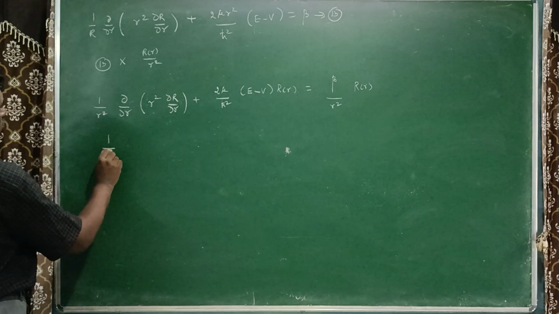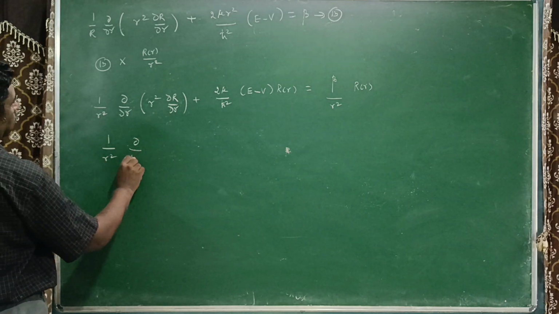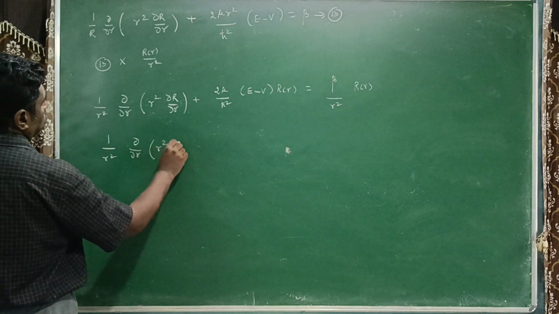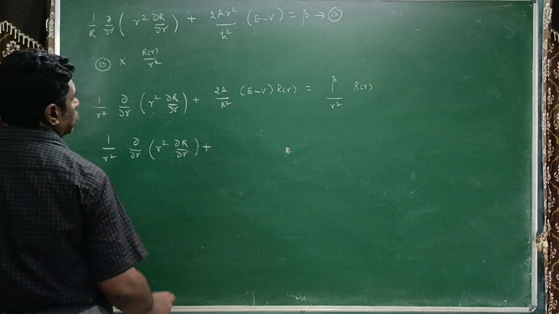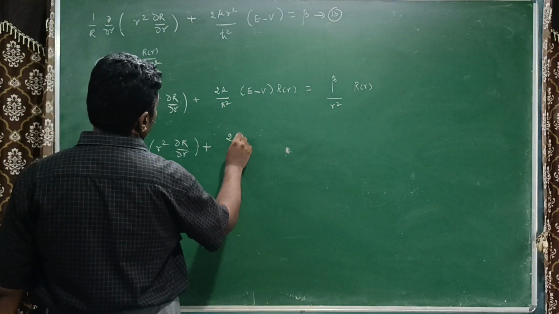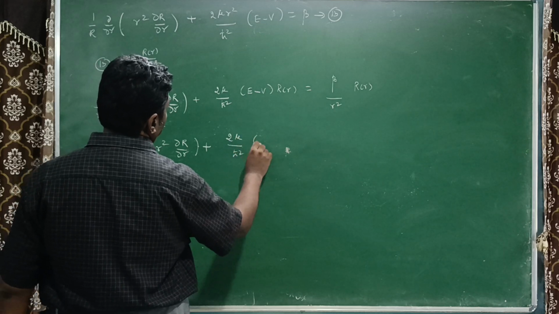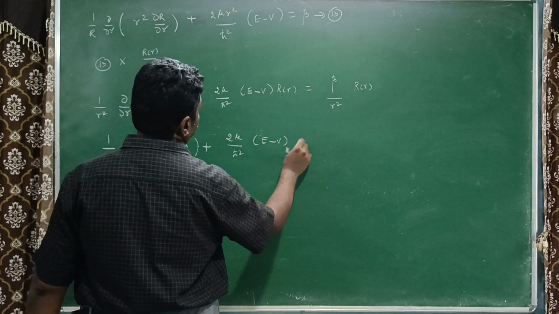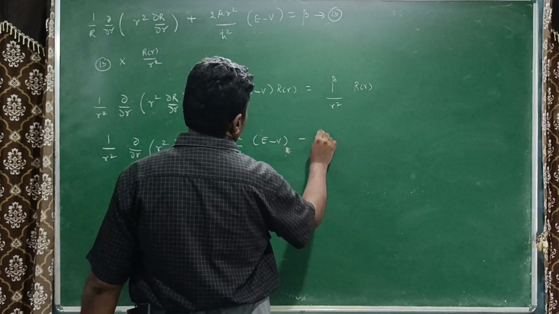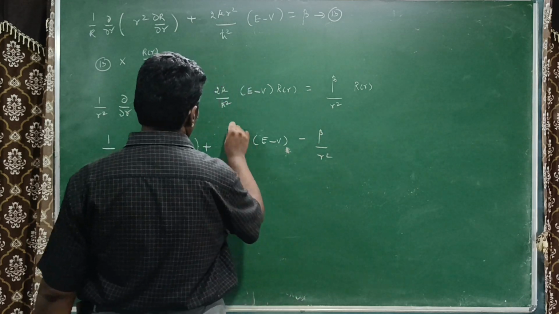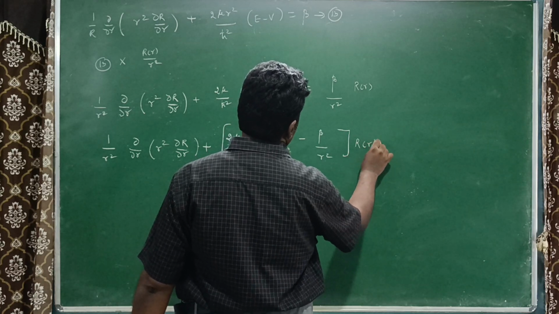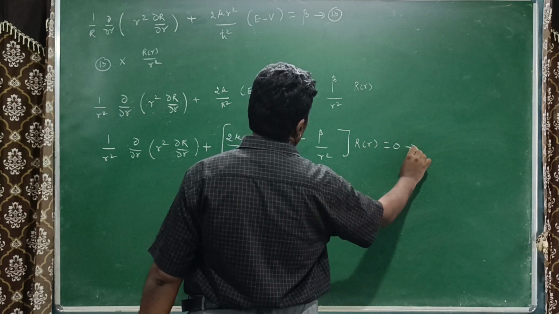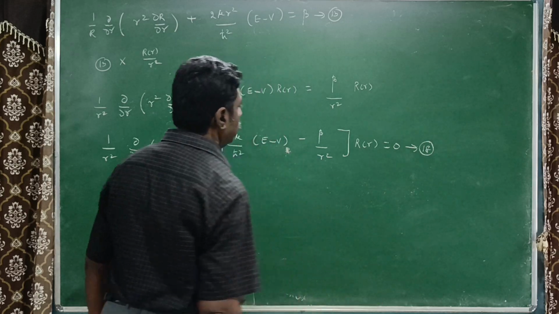This is modified as 1 by r square dou by dou r of r square dou R by dou r, plus 2 mu divided by h cross square into E minus V minus beta by r square, entire multiplied by R of r, is equal to 0. So this is equation 18. Right.